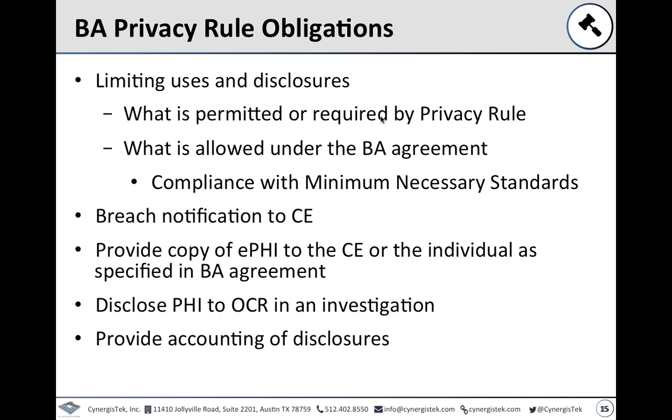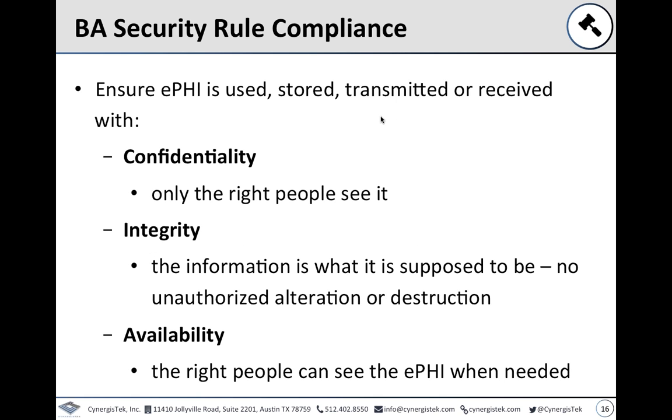That same accounting of disclosures obligation is passed on to the business associate, and the business associate would provide that accounting of disclosures either directly to the patient or the individual, if that is how it is structured in the business associate agreement, or they would forward that accounting of disclosures up to the covered entity so that they can fulfill their obligations under the rule.